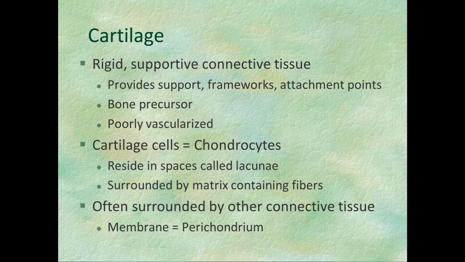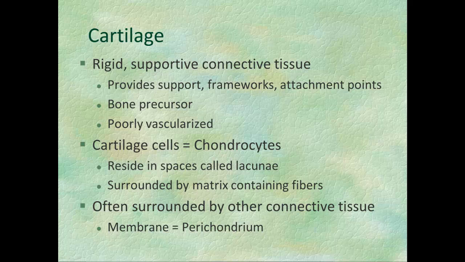The primary type of cell that you see within cartilages are called chondrocytes. The prefix chond means cartilage. Cytes, of course, means cell. And these chondrocytes are going to be secreting the fibers that are found in the matrix, and they reside in spaces in the matrix called lacunae.